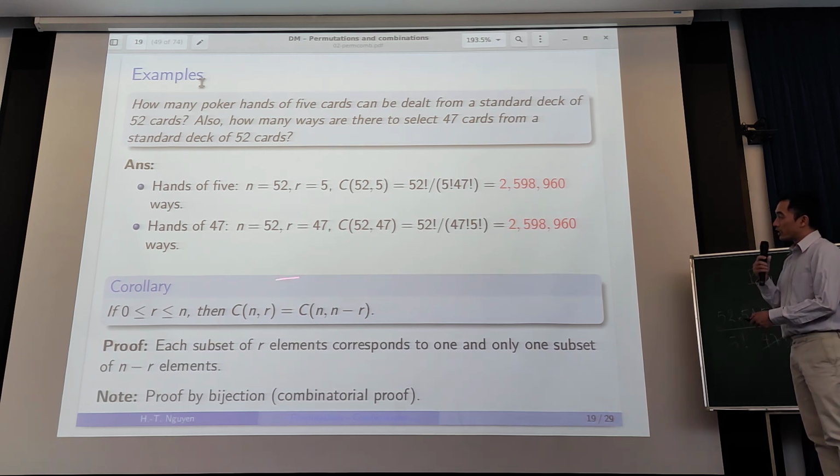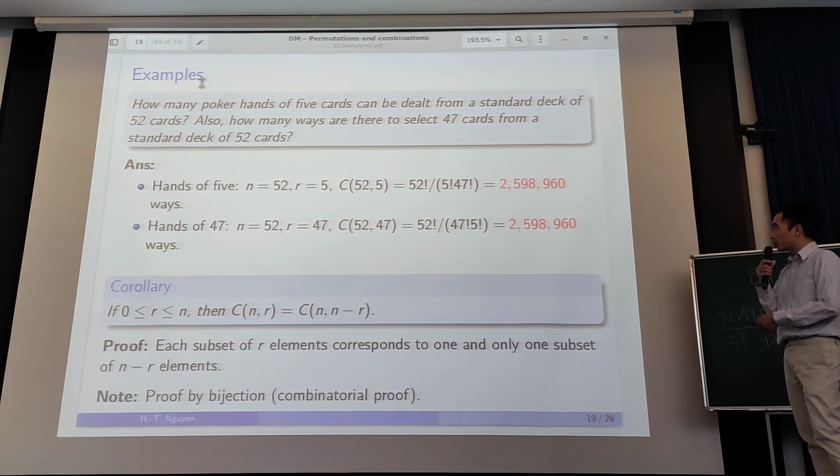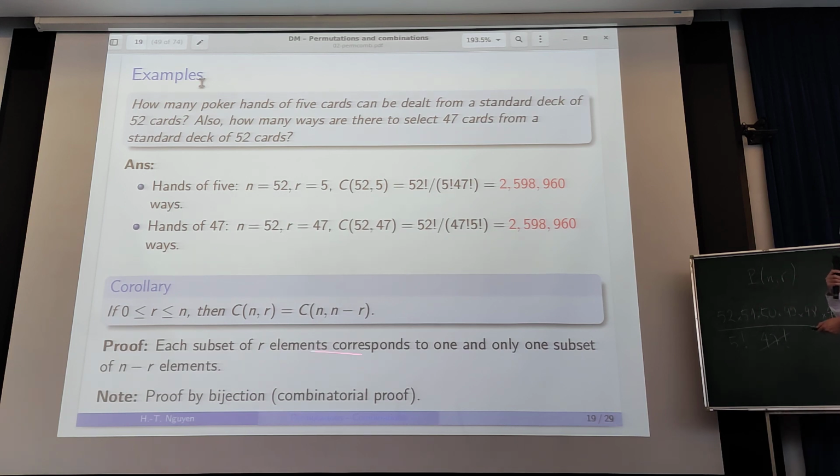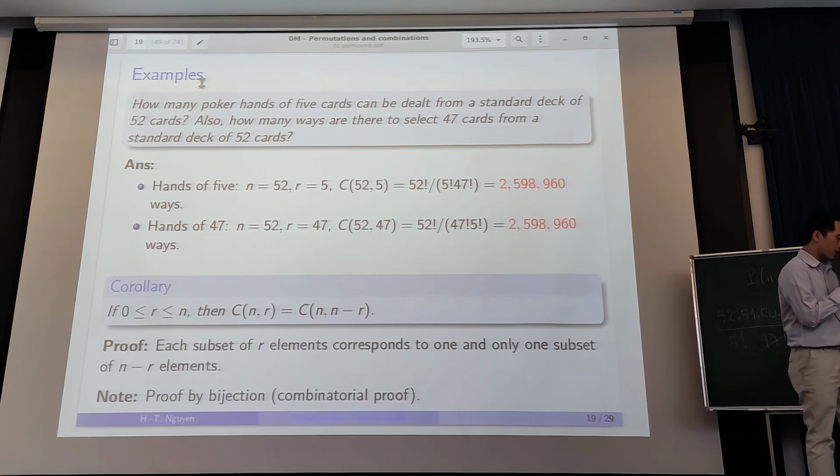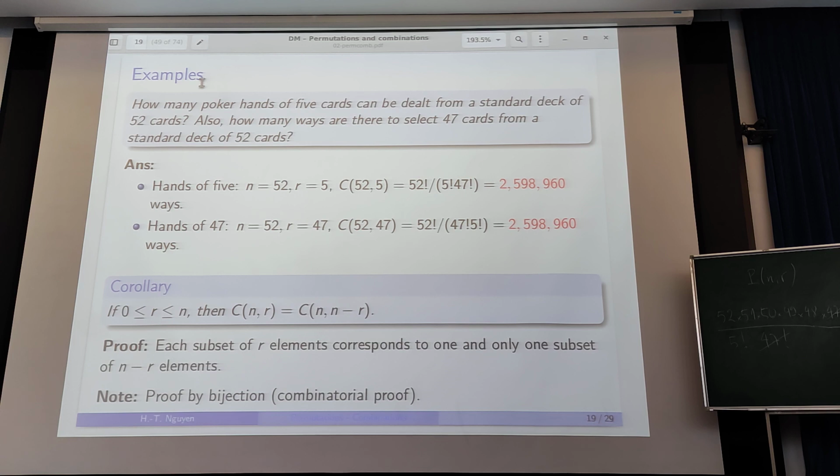So you can derive this formula in two ways. Either you can use the direct formula, or you can think of a bijection between the subsets of size R and the subsets of size N minus R.